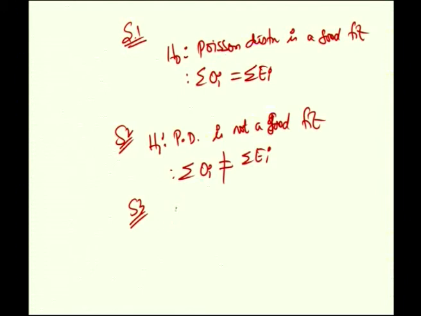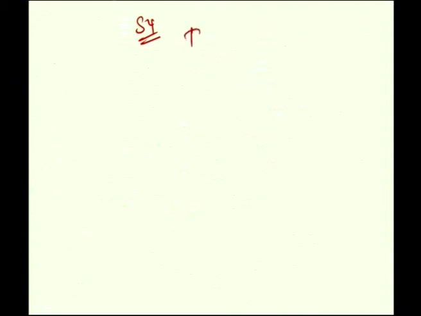Step 3 says level of significance is 5%, and degrees of freedom at present we shall not calculate because Poisson distribution needs some kind of pooling. So, we have to see what degrees of freedom are lost when you are doing the calculation.